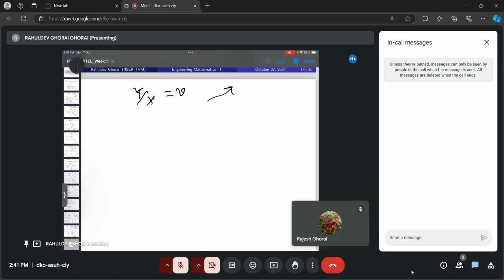Now we will come to whether your differential equation is exact or not. So what is the meaning of exactness of a differential equation? Let's say you have a differential equation like this, M dx plus N dy is equal to 0.